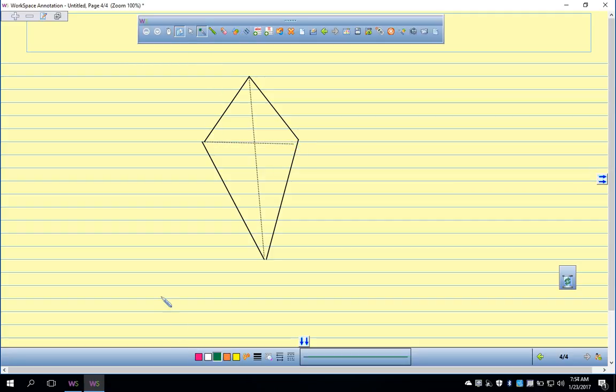So if I have a kite like this, I'm going to call this piece D1, and I'm going to call this distance from here to here D2, for diagonal 1 and diagonal 2.